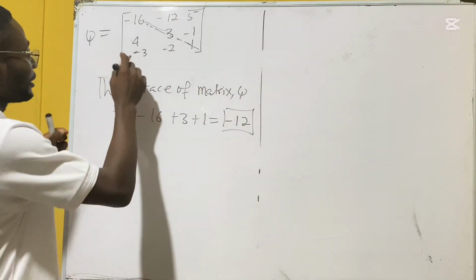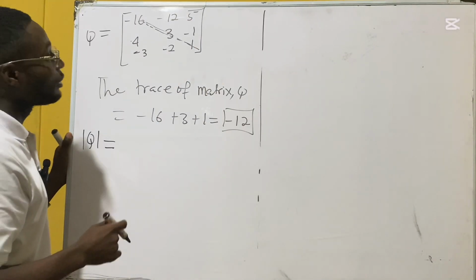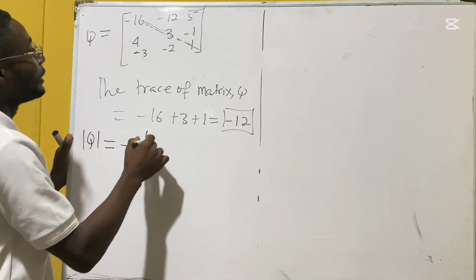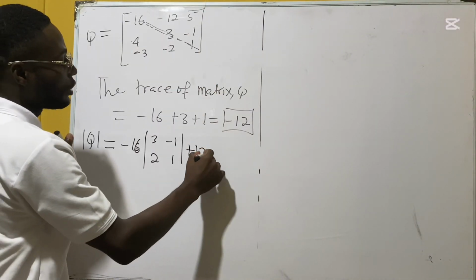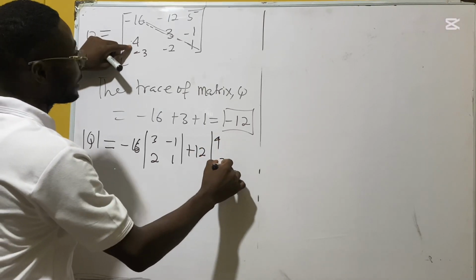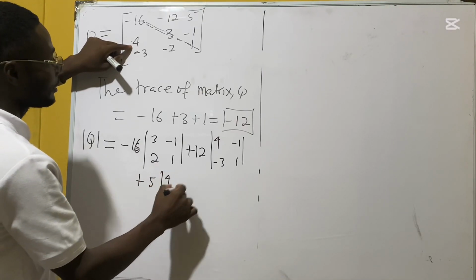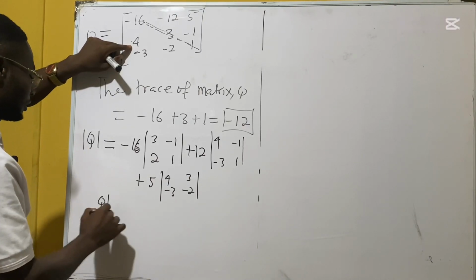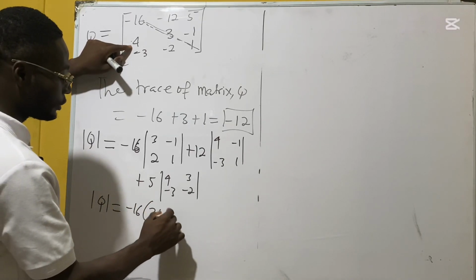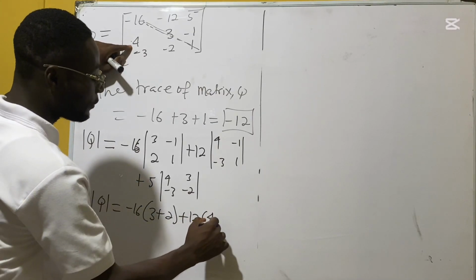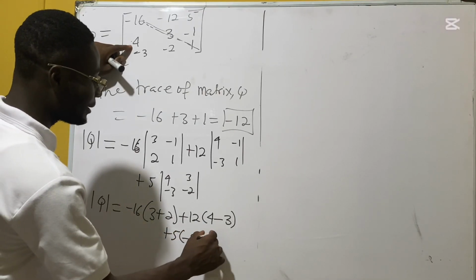The determinant of matrix Q, along row 1, we are going to have -16 into (3, -2, -1, 1), minus, so minus becomes +12, then (4, -3, -1, 1), plus 5 into (4, 3, -3, 3, -2). So the determinant of this matrix is equal to -16 into (3 plus 2), plus 12 into (4 minus 3), plus 5 into (-8 plus 9).